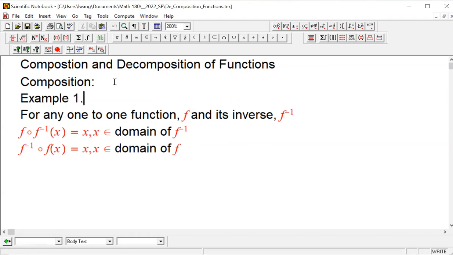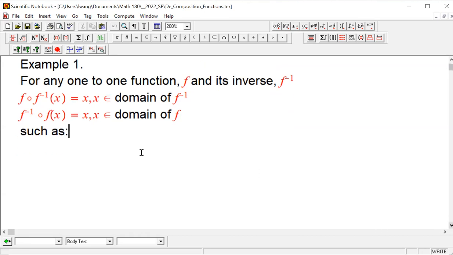Example number one, what we have done: such examples as sine of arcsine. I'm going to gradually introduce you to these notations. This is the same as arcsine.